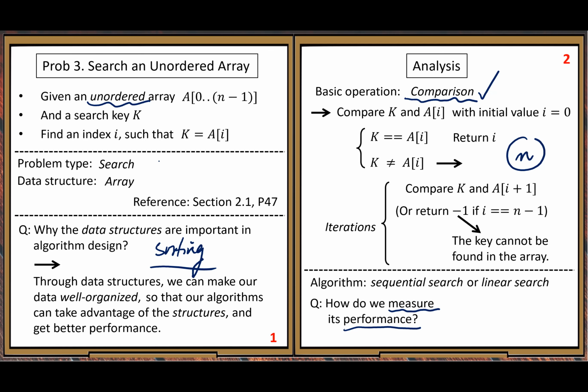When you have n numbers, 1 plus 2 plus 3 plus up to n. This could be our first way to define the average, the most straightforward way to describe the average number of comparisons, right?